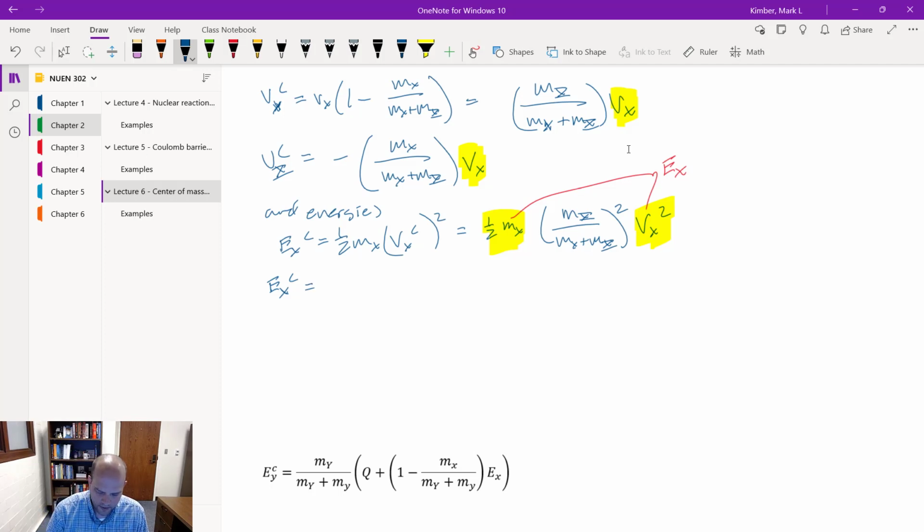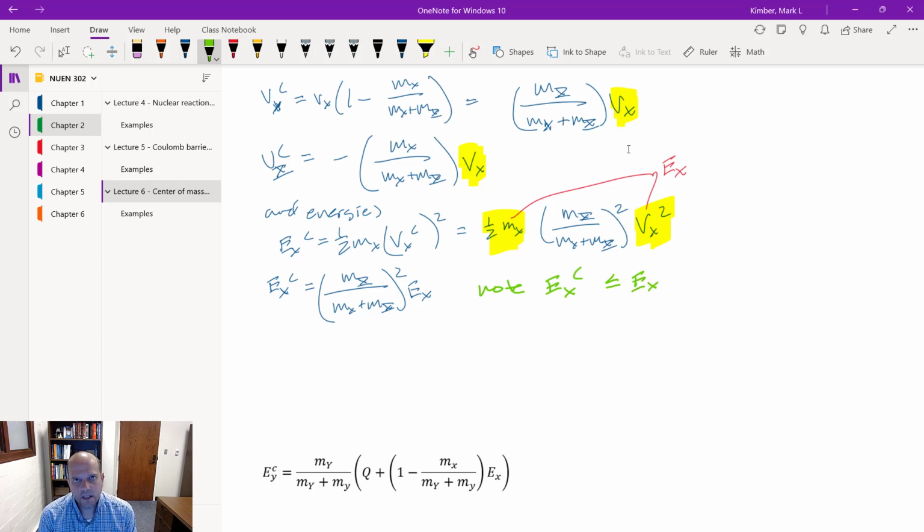So this is just going to be related to the masses here, squared, times Ex. And so one thing to note here is that my Ex in the center of mass reference frame is always going to be less than or equal to whatever my kinetic energy is in the lab reference frame.